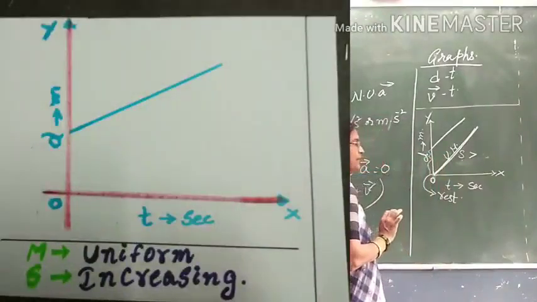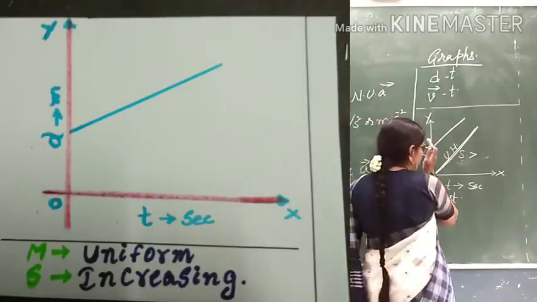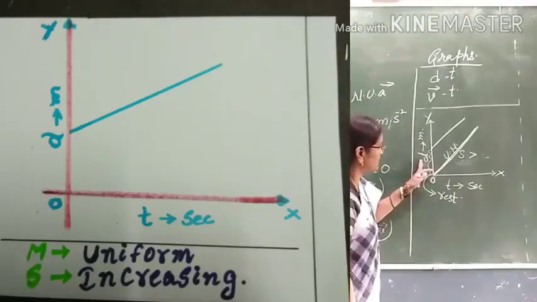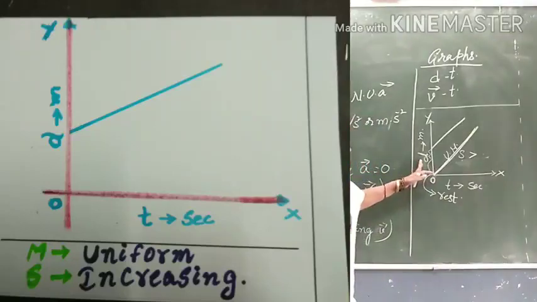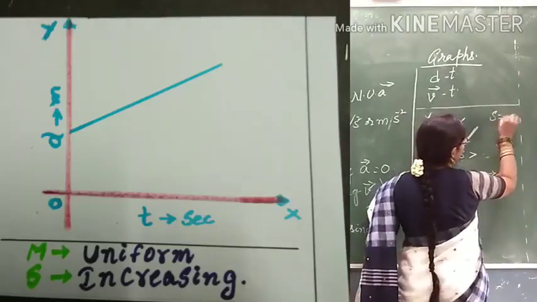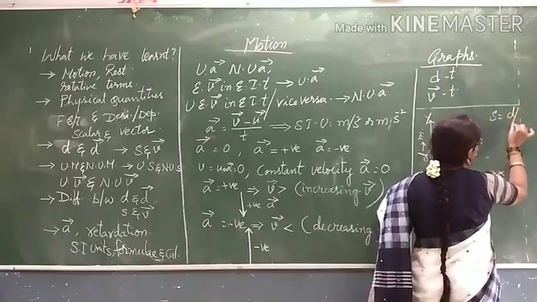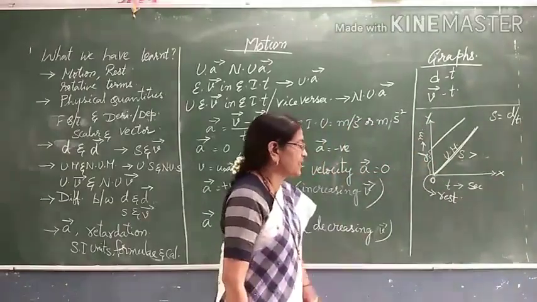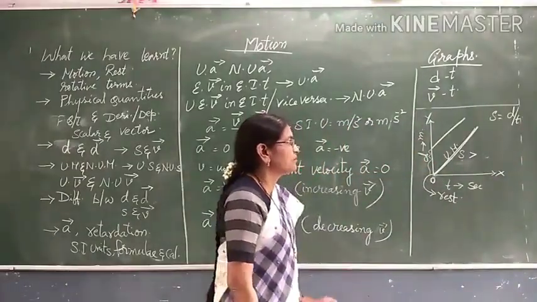You will be talking about initial speed because distance-time graphs will give it. You can calculate distance from the graph at a particular time, and you can calculate speed because, mathematically, speed is equal to distance by time. So at a particular time, what is the speed of the body?